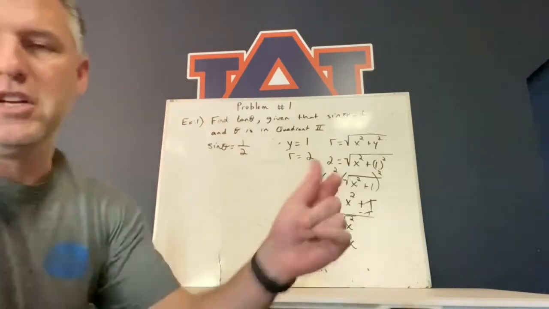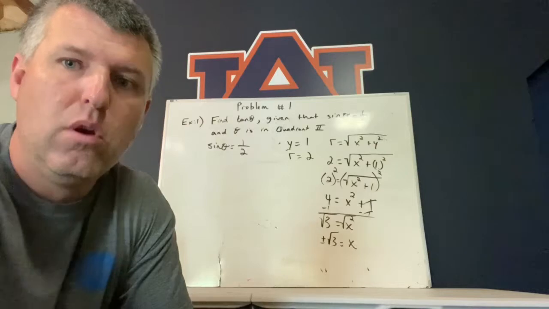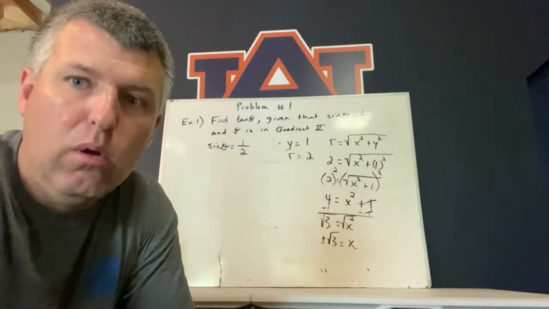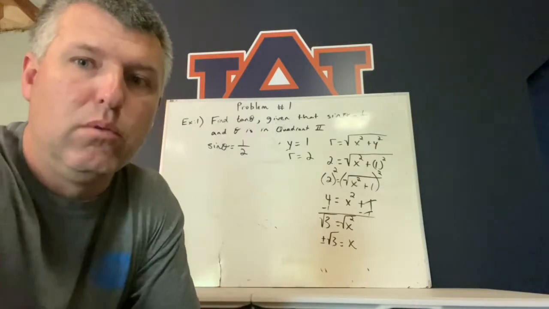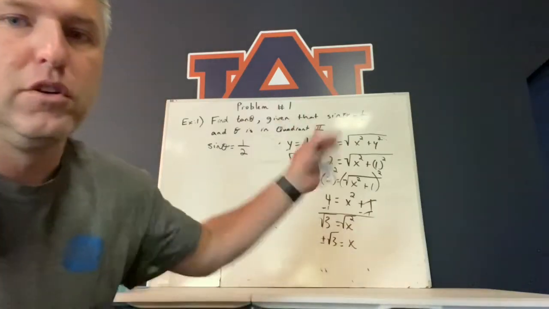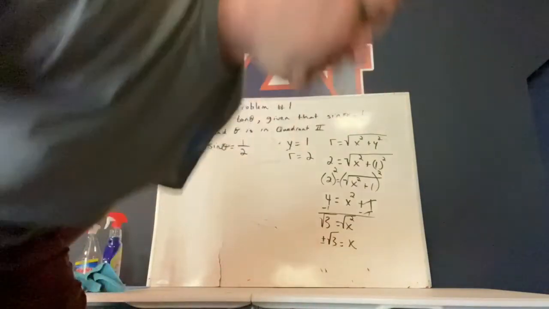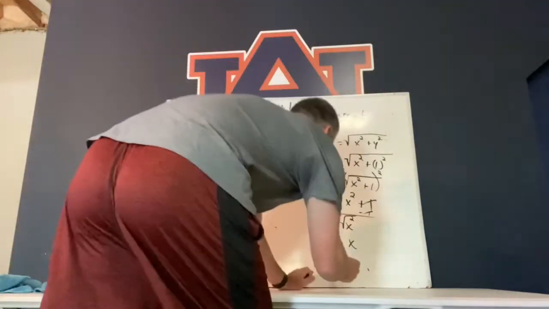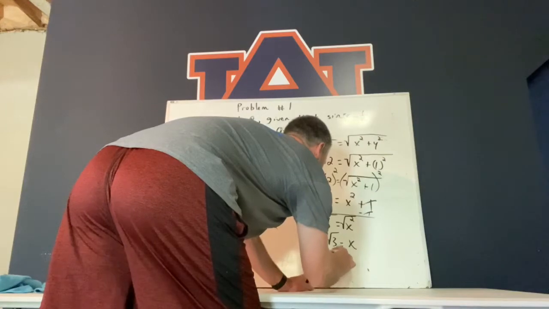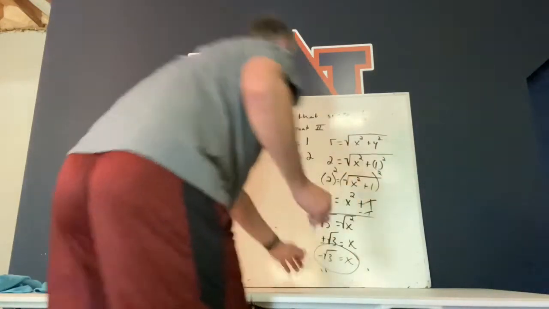To get that information, it tells us we are in quadrant 2. What are all x values equal to in quadrant 2? From the first board I showed you, in quadrant 2, all x values are negative. So therefore, we get negative square root of 3. That's what x is equal to.